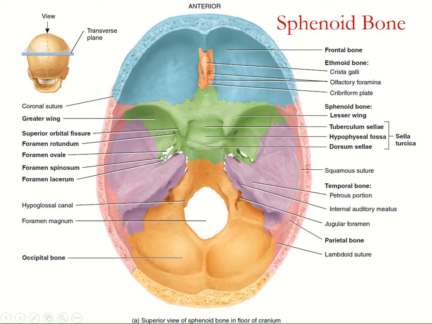Again, when I say foramen, it's like holes in a particular structure, or in this example, holes in the bones wherein different structures pass through. It could be an artery, passageway of blood or vein, or nerves, or even other structures. So here is your sphenoid bone in color green.